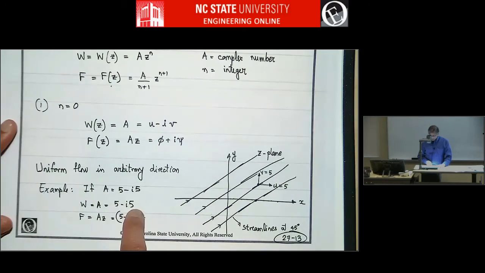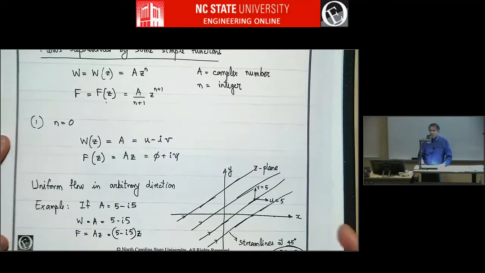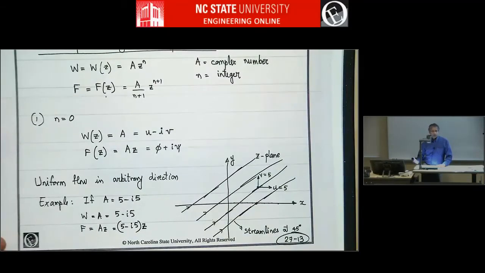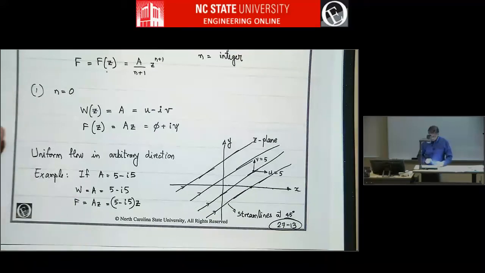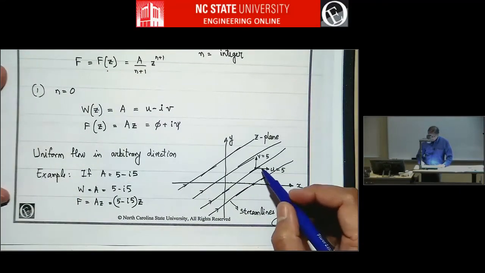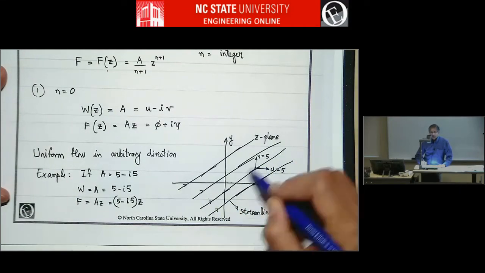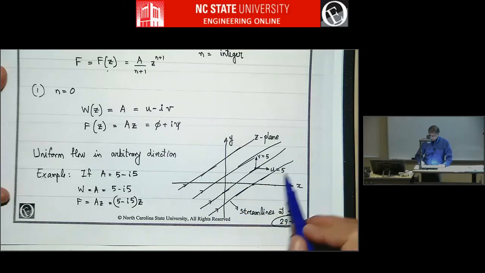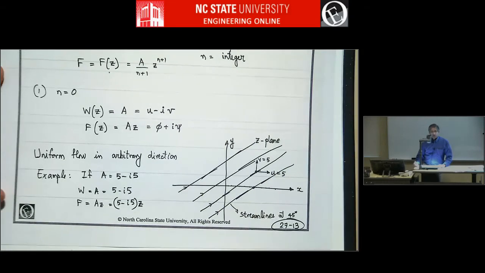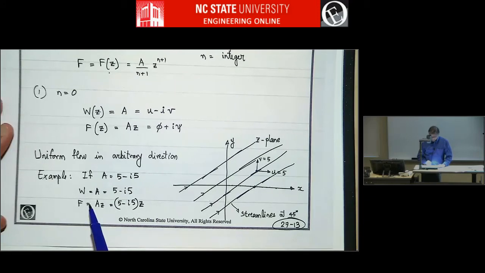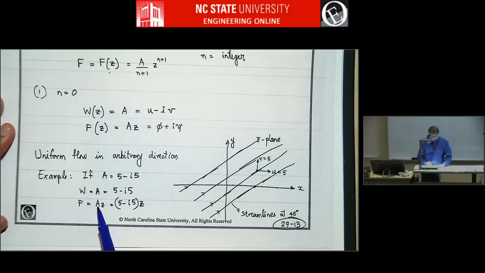And so this is u minus iv. This just means u equals 5, v equals 5 everywhere. Anywhere you go on the xy plane, that's what it is. And so that's essentially like flow at 45 degrees in this direction, right? So these are the streamlines of the flow. And if you take the complex potential a times z, that becomes 5 minus i times 5z.